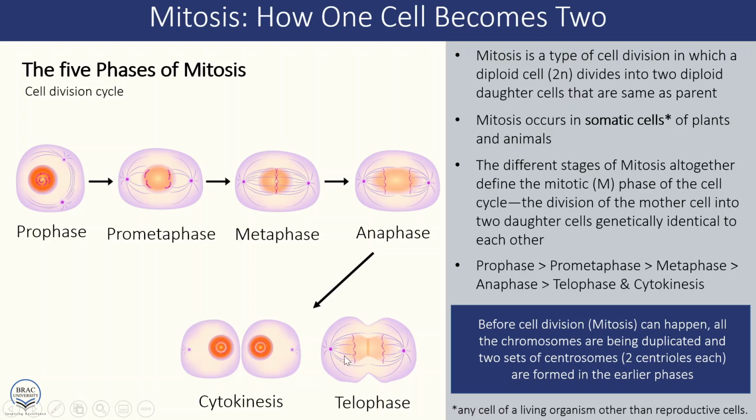In the telophase, the cell forms a cleavage furrow. The cell also elongates in the anaphase, but in the telophase it takes the form of a cleavage furrow.